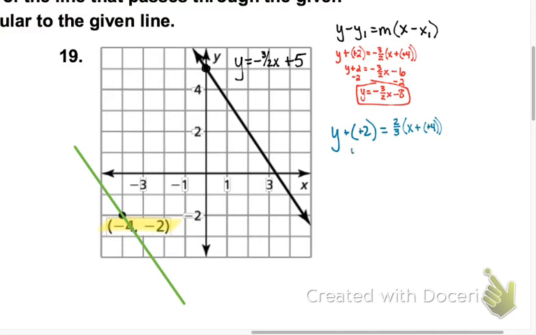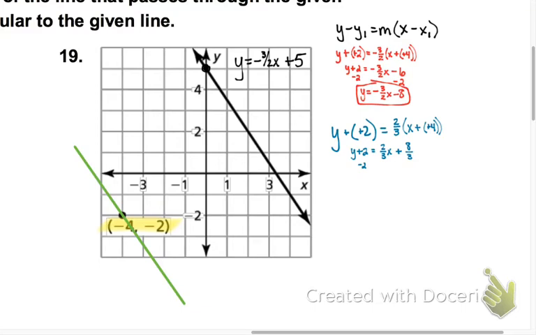So then I still have y plus 2. I'm going to have 2/3 x plus, leave it as a fraction. 2 times 4 is 8, so just leave it as 8 over 3. And then if I have to subtract 2, what is 2 written as with a denominator of 3?